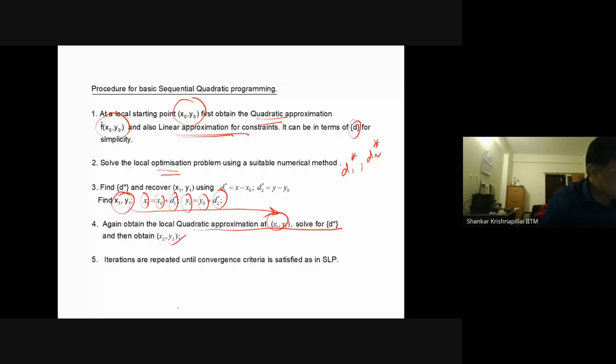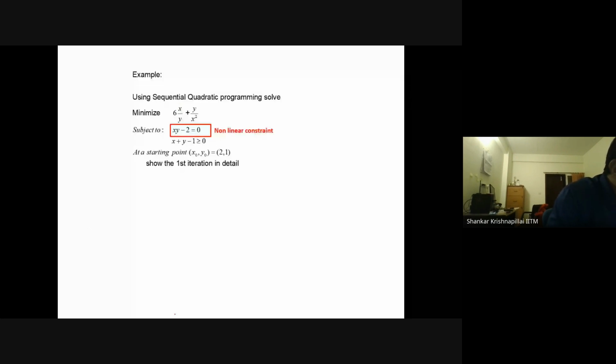Now one example. Using sequential quadratic programming, solve this nonlinear optimization problem. You can see that the objective function is nonlinear, and one constraint is nonlinear while the other constraint is linear.